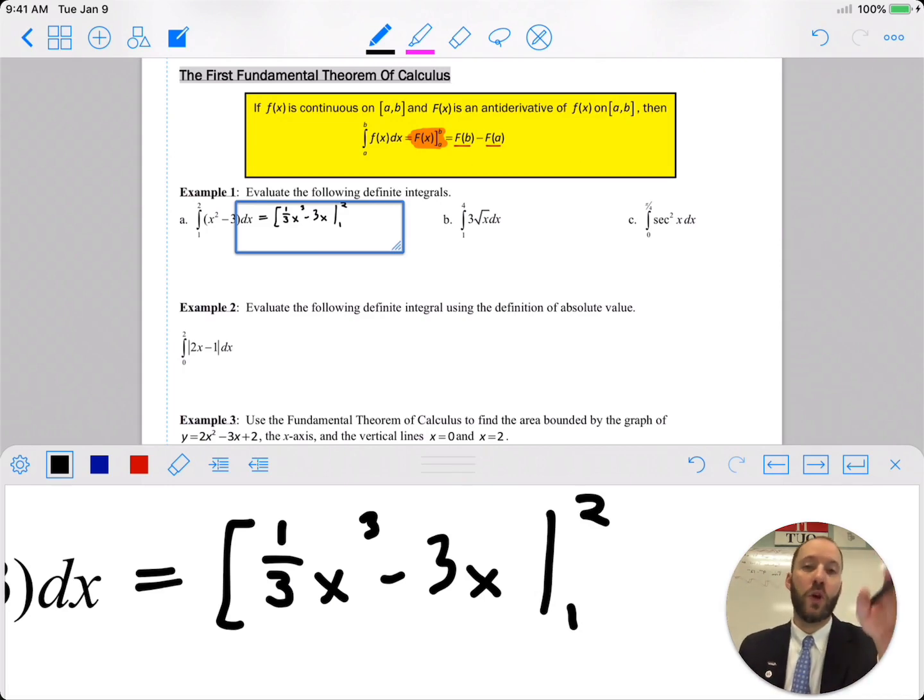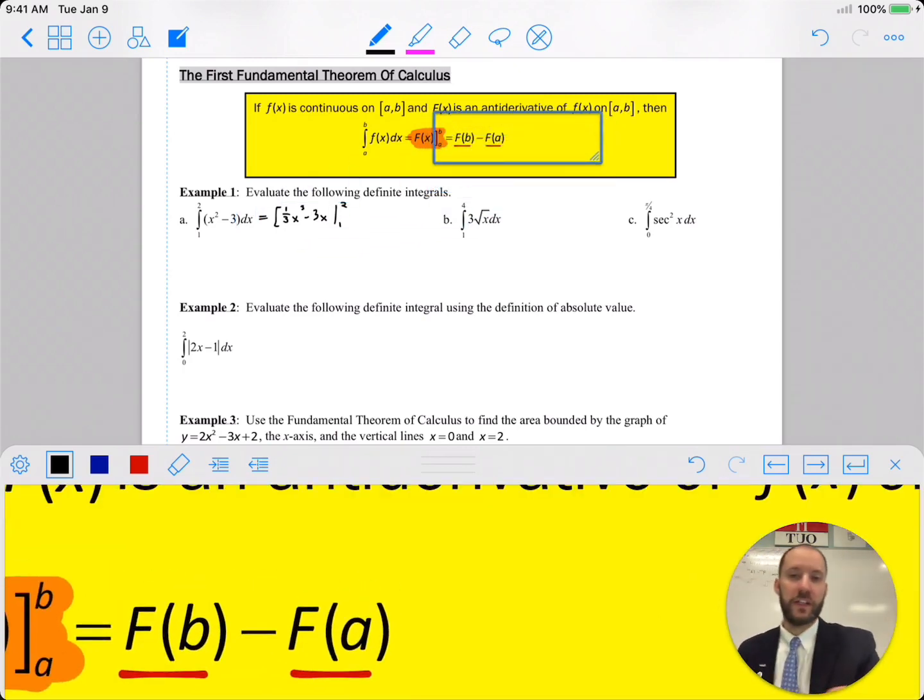Now, normally we do a plus c, a constant of integration. That is for indefinite integrals, when there are no upper or lower bounds. For definite integrals, you don't include the c, because look back in the yellow box.